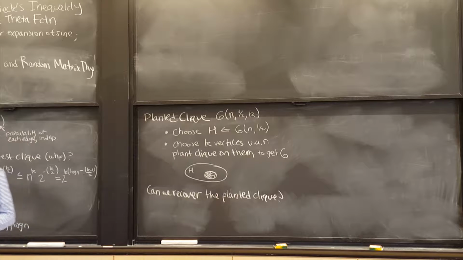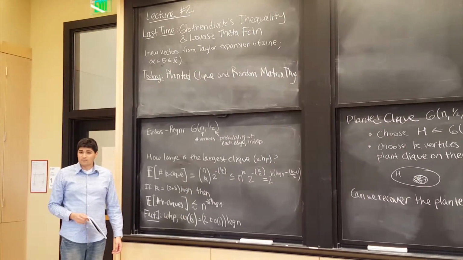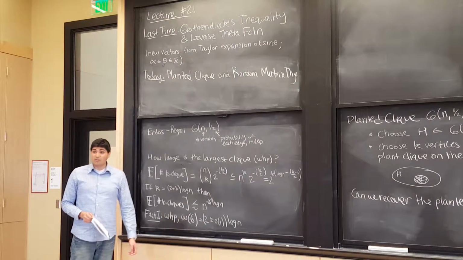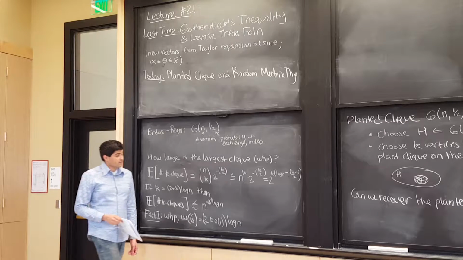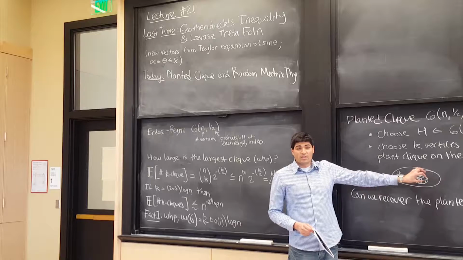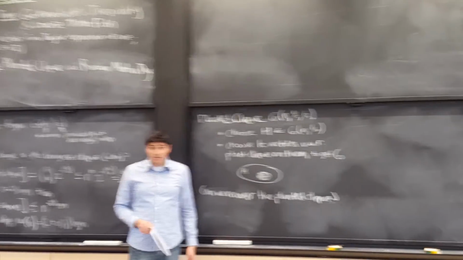Just to make sure you guys are paying attention: what values of k should we expect this problem to be information theoretically solvable? Above 2 log n. Exactly, right? As soon as we go to something significantly above 2 log n, like 3 log n, then that clique that we planted in here will actually be the uniquely largest clique.